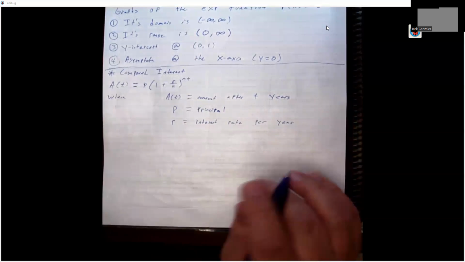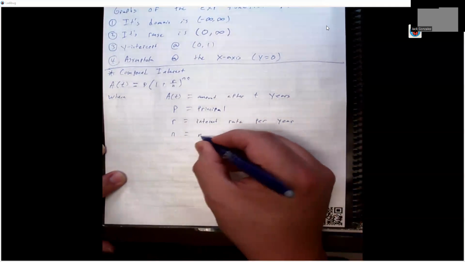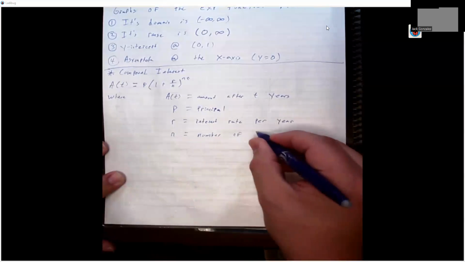Remember, when you use that number, it has to be in decimal form, no percentages. n is the number of times interest is compounded.